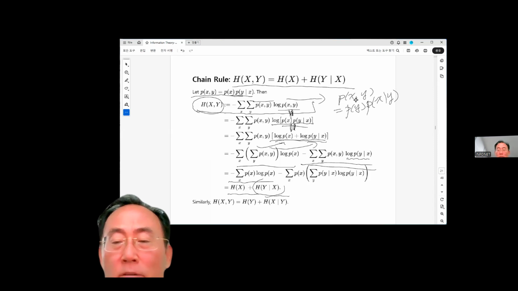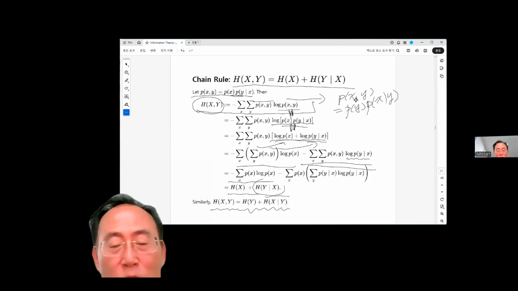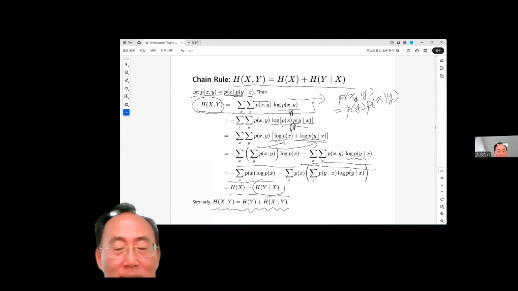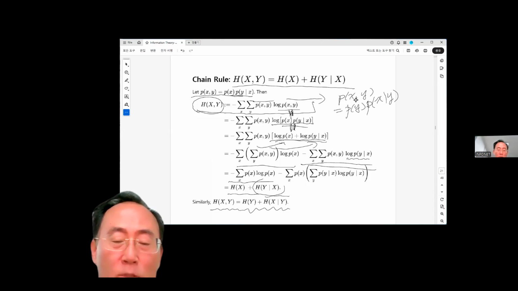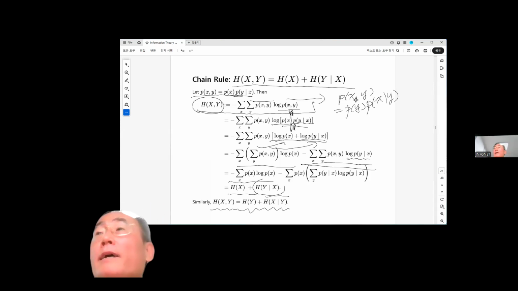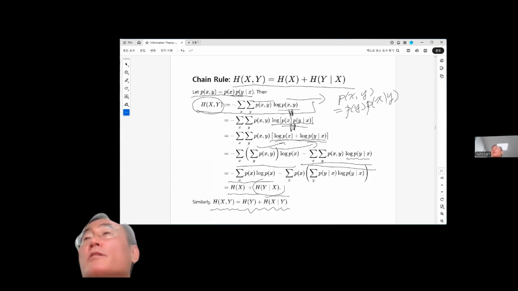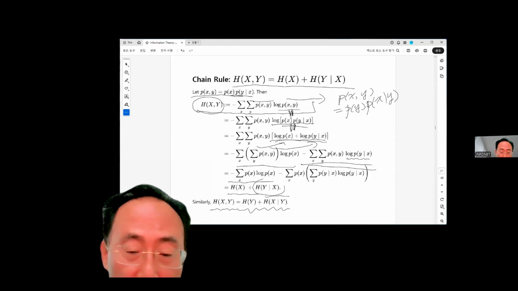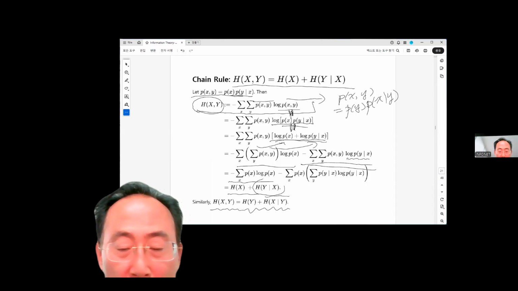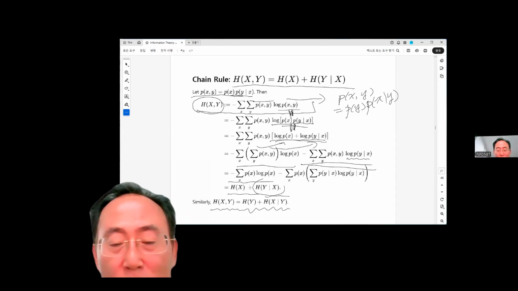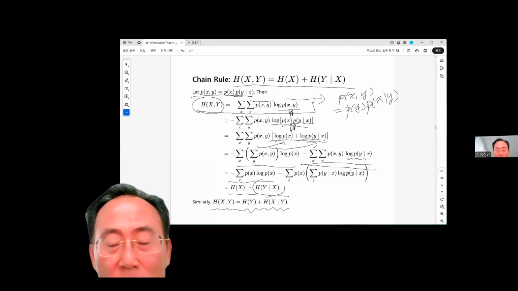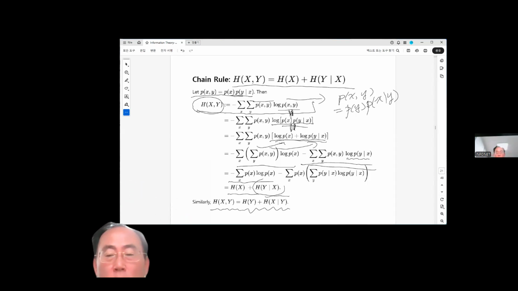And then if you apply conditioning on y, then you can write joint entropy this way as well. So joint entropy of X and Y, by conditioning on y, can be written as H of Y plus H of X given Y. All right, that's good, clear.